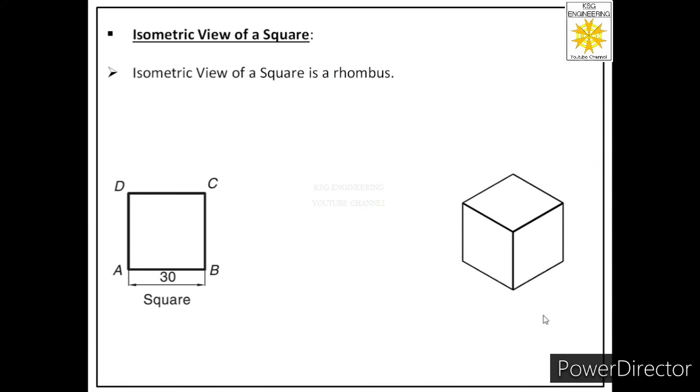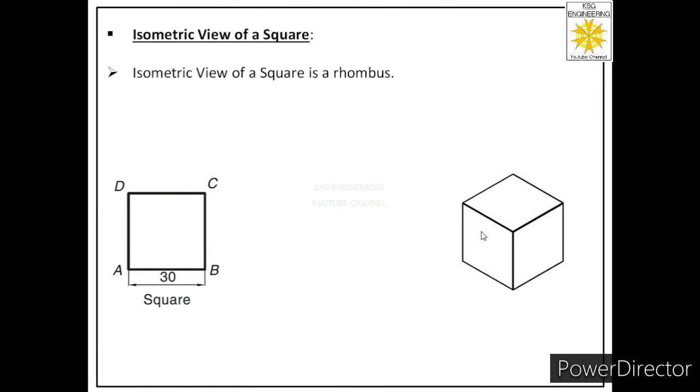Now we know in case of a cube we have square faces. And in isometric view of a cube, we have three principal faces visible to us. And this is the isometric view of the front right face of the cube. So we'll call this right side isometric view.